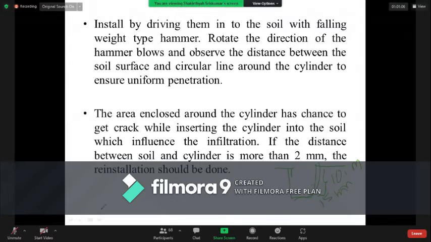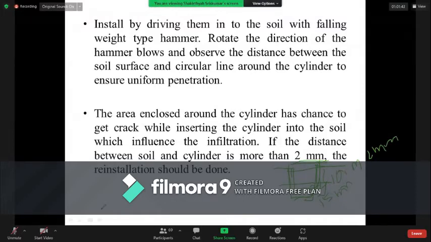So there is a gap formed nearly 5 centimeter. But the minimum gap you have to maintain is 2 millimeter. So what you're going to do is you need to reinstall. So you have to fill it again and dig a hole again. So the maximum depth of this hole is 10 centimeter and 2 millimeter.